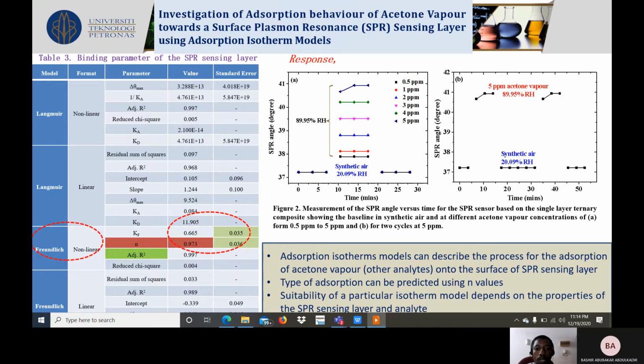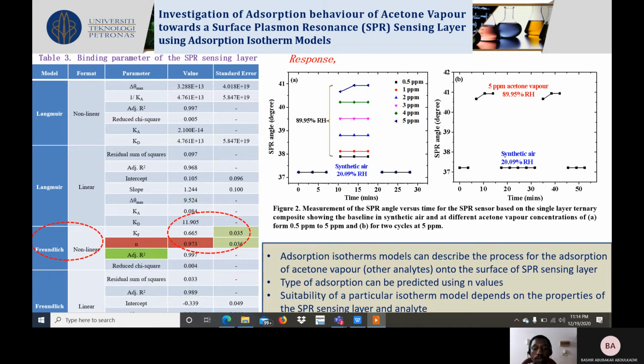So we conclude that even in the case of SPR sensing, we can make use of these adsorption isotherm models to describe the interactions between the sensor layer and the analyte, which is not only acetone vapour, but we can extend this study to any other analyte that happens to be adsorbed on the surface of an SPR sensing layer.